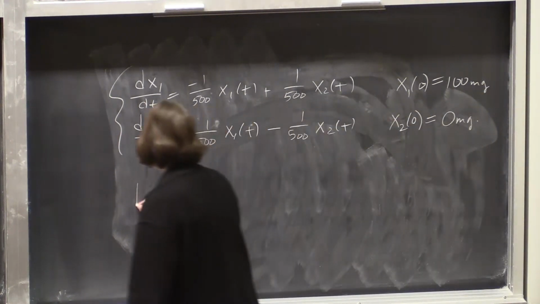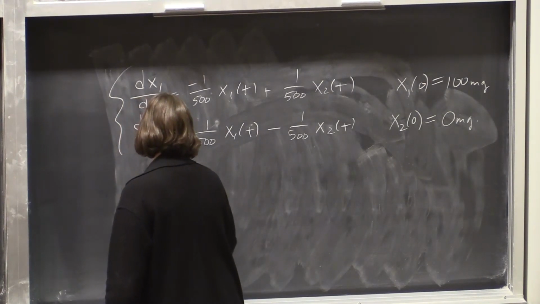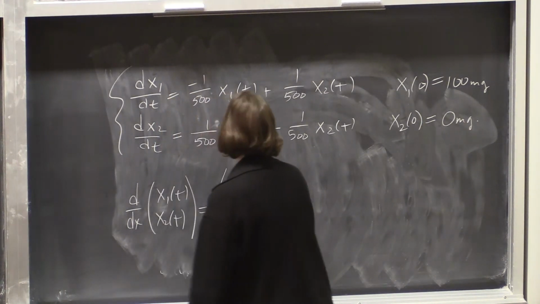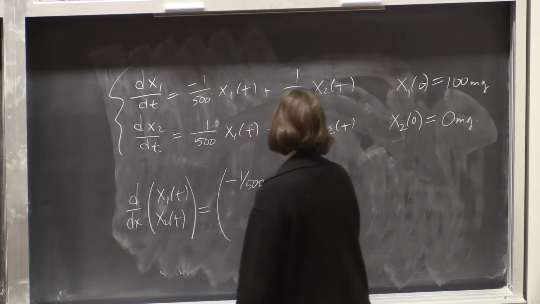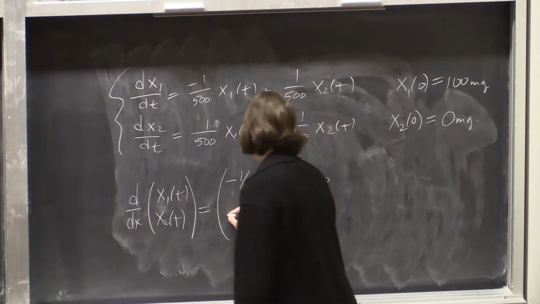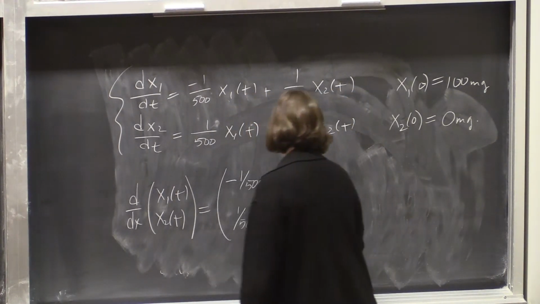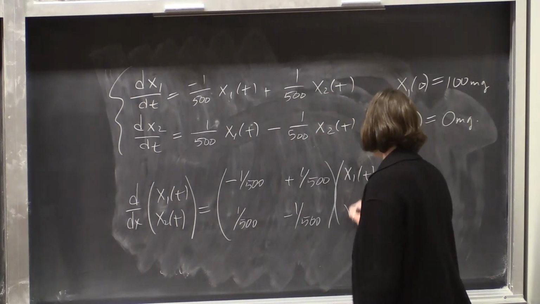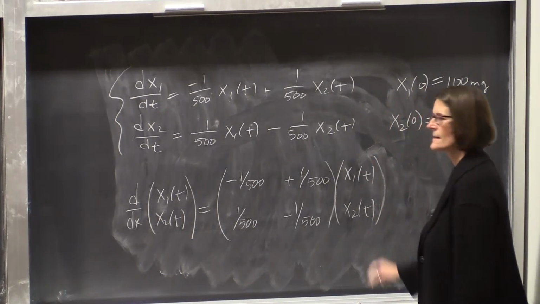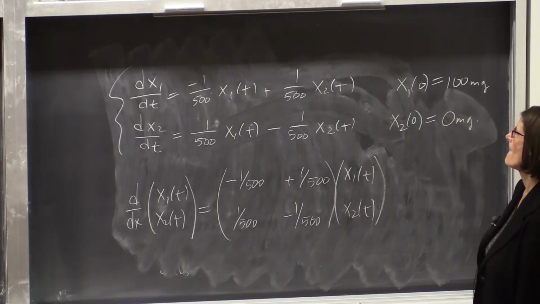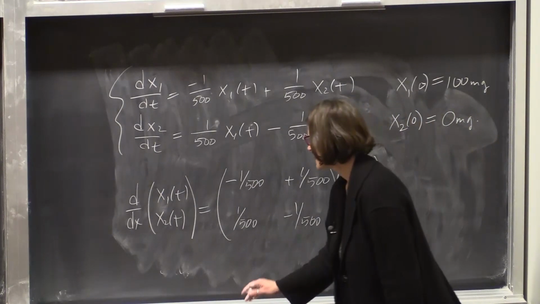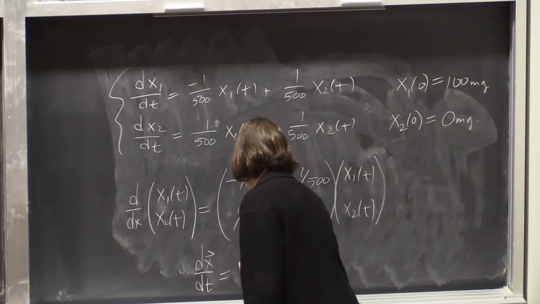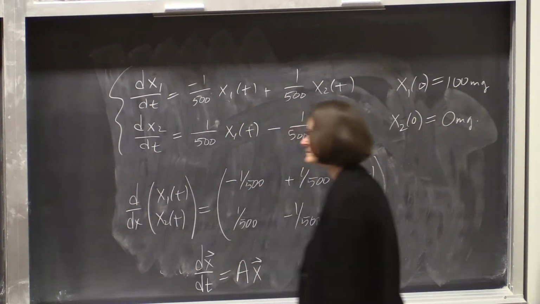So here we have d/dt of the vector x1 of t, x2 of t is equal to the matrix with rows minus 1/500, 1/500 and 1/500, minus 1/500 times x1 of t, x2 of t. This is dx/dt equals A times x.